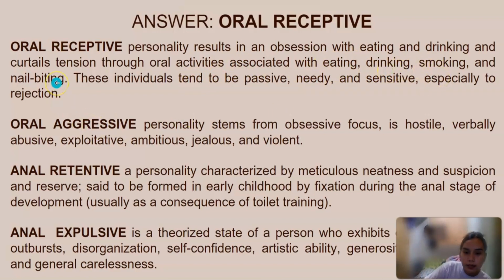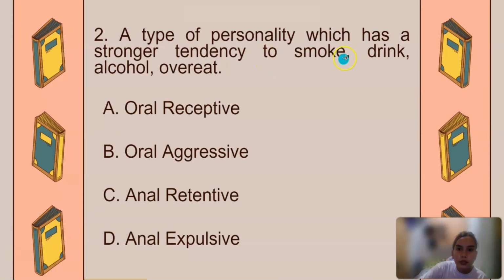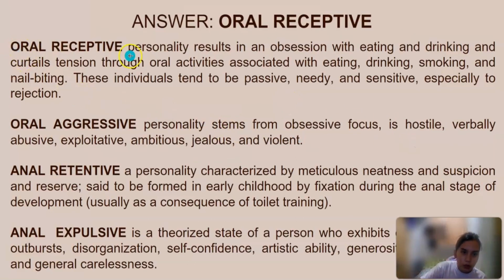And nail biting was added as one of the tensions shown if you have this kind of personality. So the answer, guys, for a type of personality which has a stronger tendency to smoke, drink alcohol, or overeat, should be oral receptive. So you should watch out with this kind of personality because you might have one.